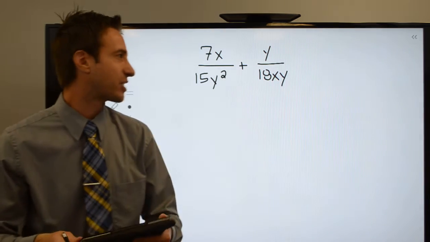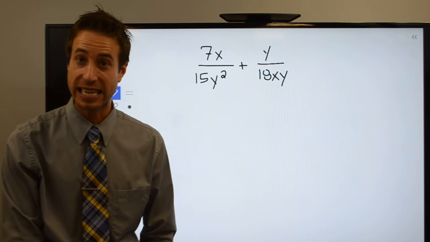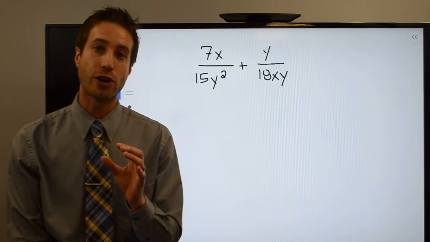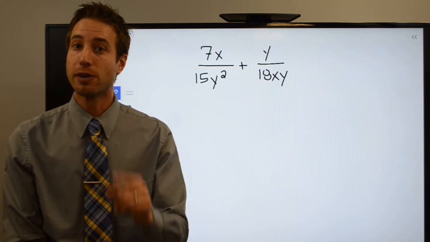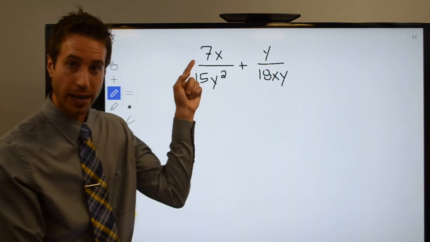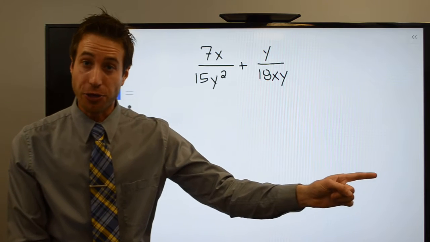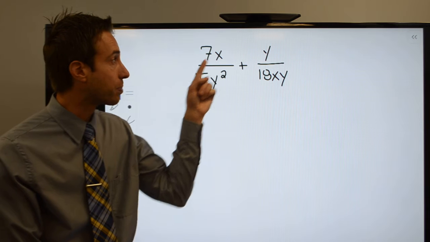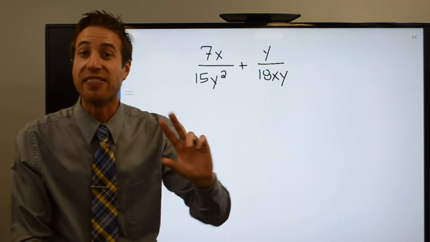So another way of doing this problem is, instead of finding the LCM, we won't even bother finding the LCM. We will just simply find our common denominator by multiplying each rational expression by the other denominator. So I'm going to take this first rational expression and multiply top and bottom by the denominator of the second rational expression, and then vice versa.